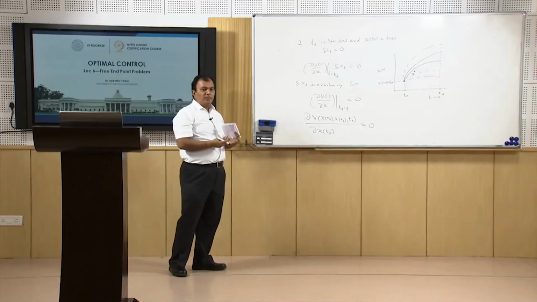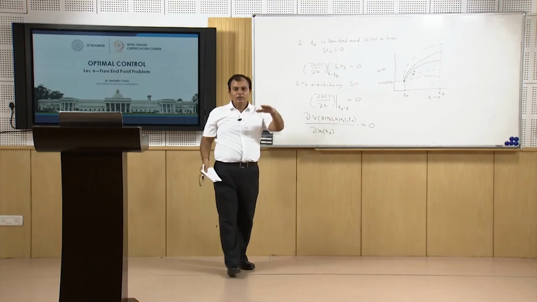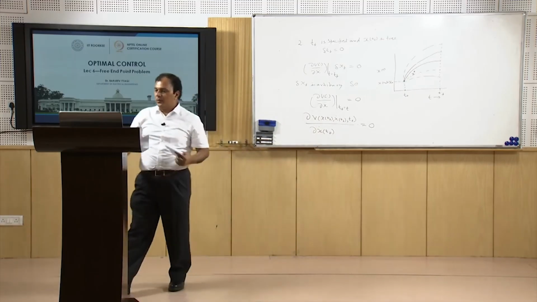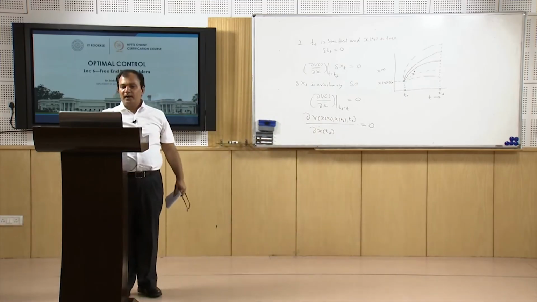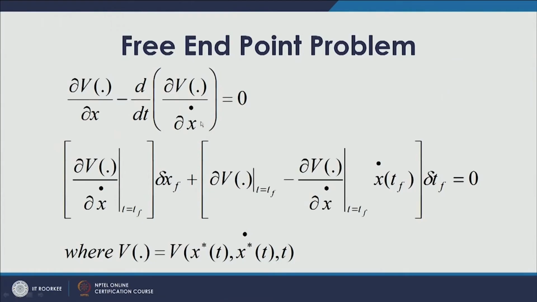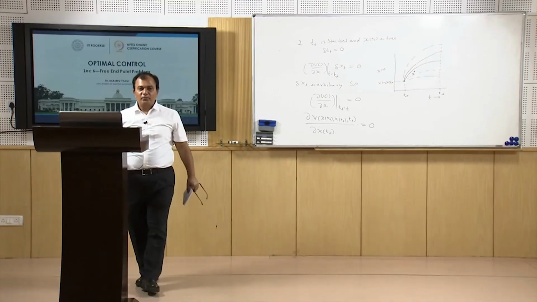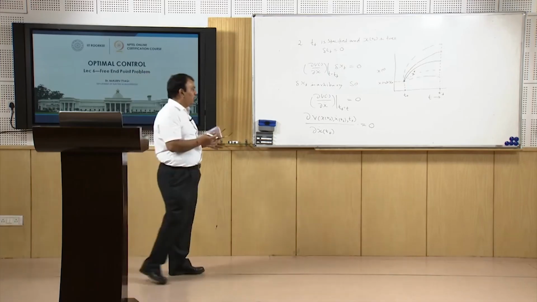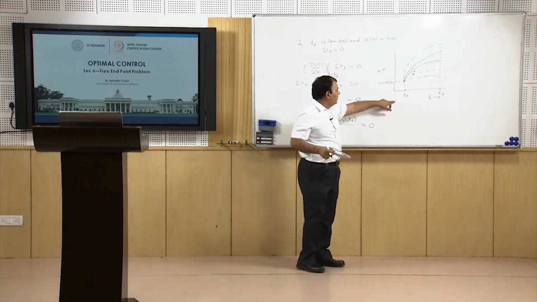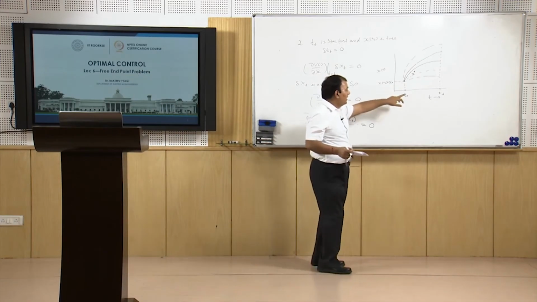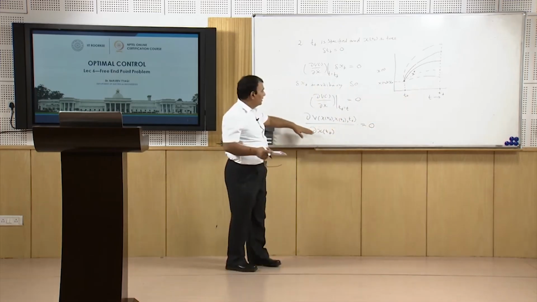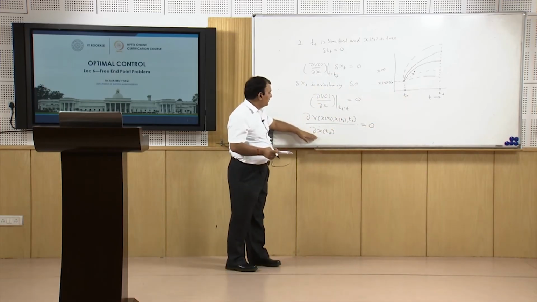To solve such a problem, first we will solve the EL equation given as del v by del x minus d by dt of del v by del x dot equal to 0. This will lead to a differential equation which we have to solve subject to the initial condition given as T0, x of t0, and the final condition: Tf is fixed, x of tf is free.